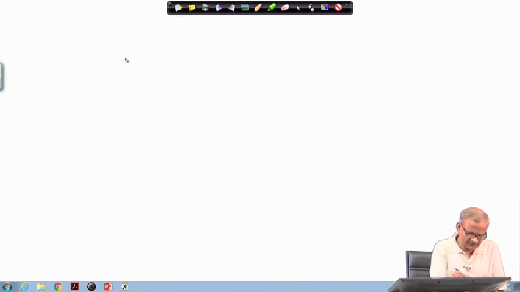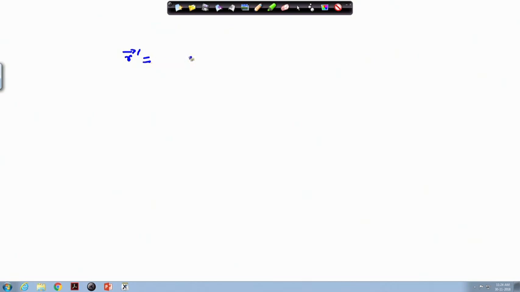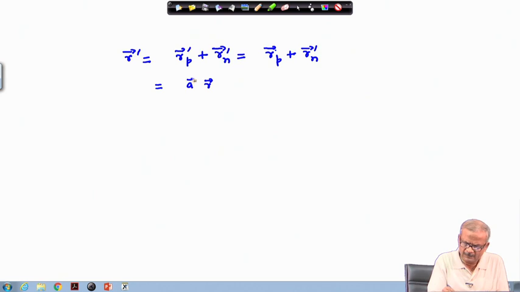So, how will our vector r prime look? This is r prime p plus r prime n, and this is equal to r p plus r prime n, and r p is the component of vector r along the a direction.